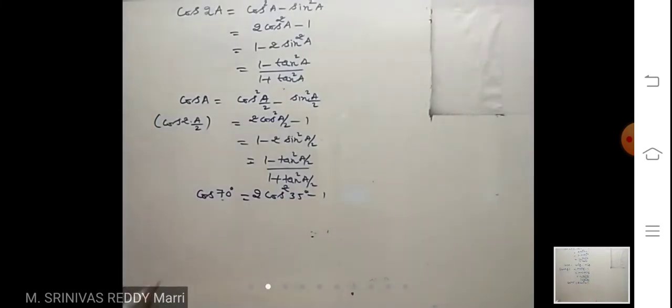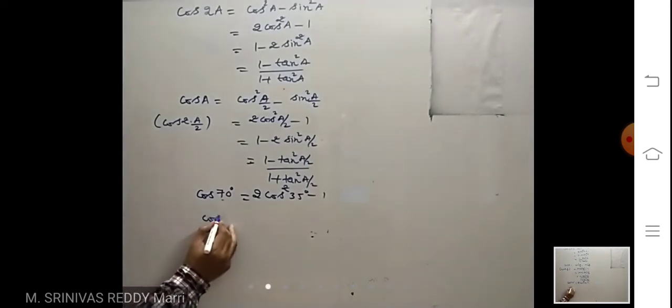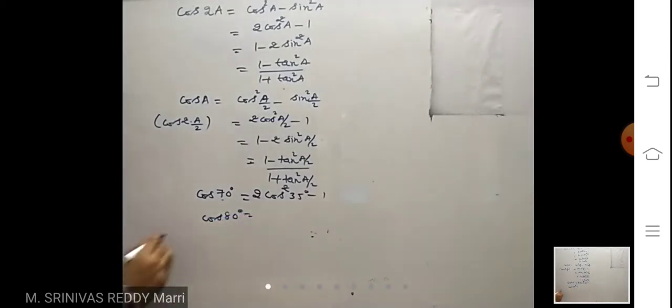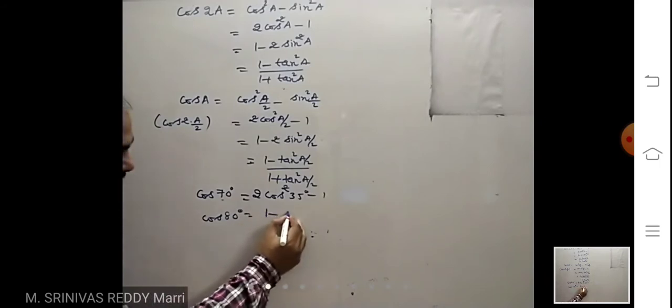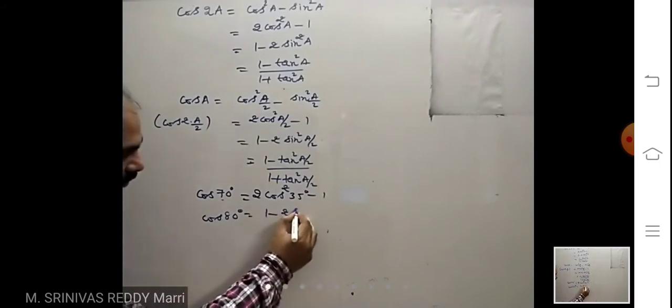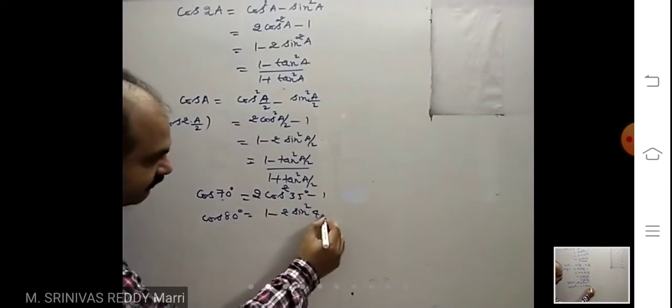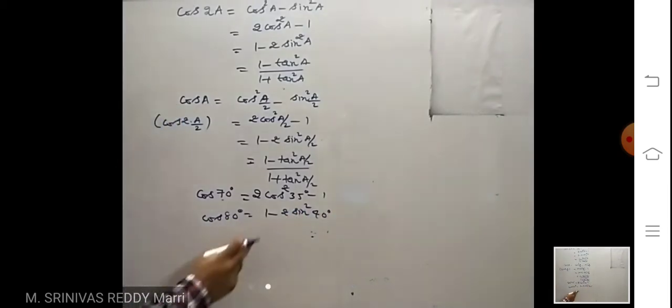Suppose 80 degree, and I want to write only in terms of sine: 1 minus 2 sine square, half the angle, 40 degree.